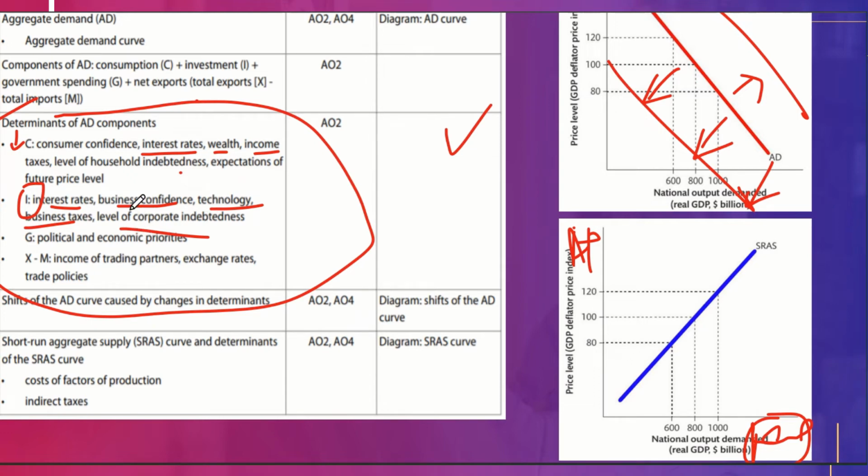And the next one is business confidence. If business confidence increases, aggregate demand increases, and if business confidence is lower, then aggregate demand will fall. So during COVID time, you know that both business confidence and consumer confidence were at a low level, because people were worried about when the pandemic was going to end.